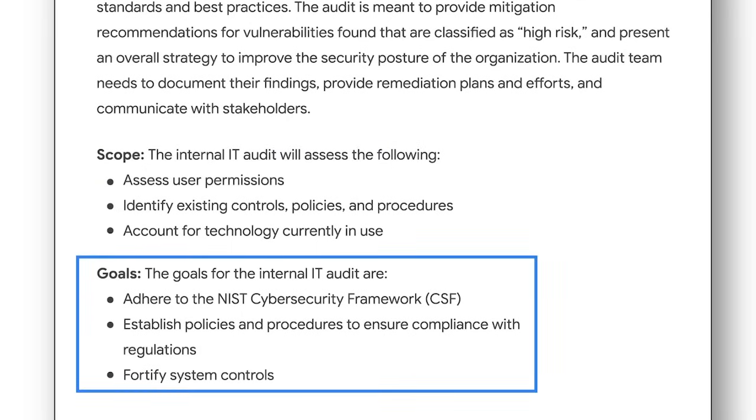The goals outlined include implementing core functions of frameworks like the NIST CSF, establishing policies and procedures to ensure compliance, and strengthening system controls. The next element is conducting a risk assessment, which is focused on identifying potential threats, risks, and vulnerabilities. This helps organizations consider what security measures should be implemented and monitored to ensure the safety of assets.